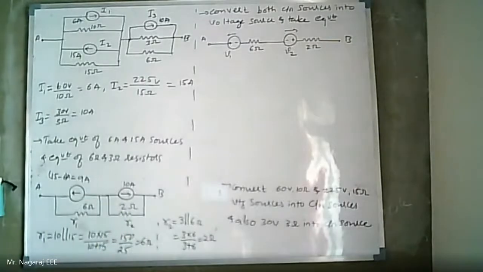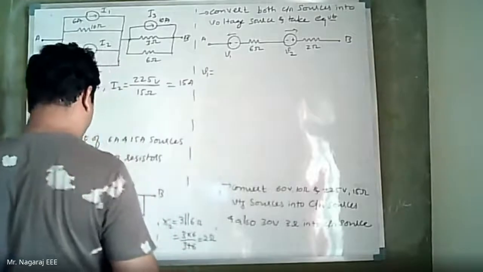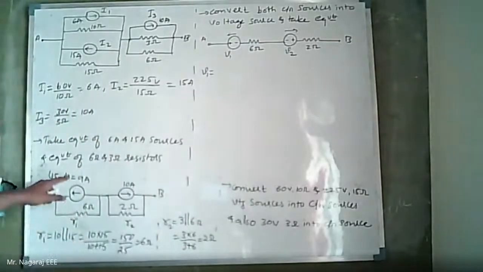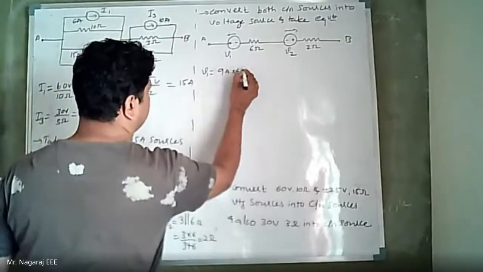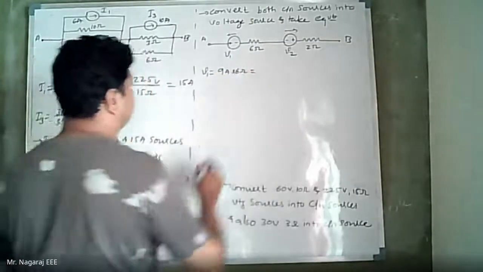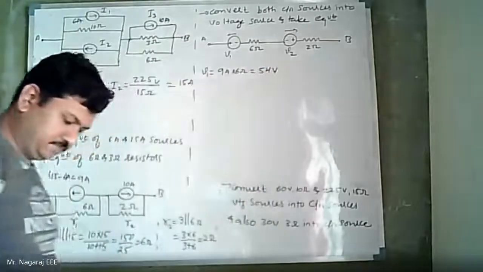What is V1? V1 is 9 amperes into 6 ohms, equals 54 volts.